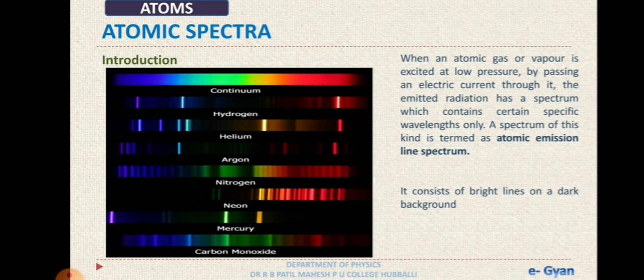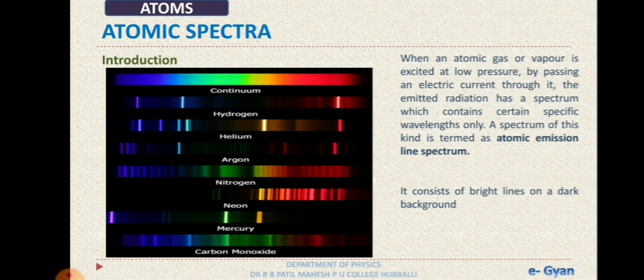So, here we have the atomic emission line spectrum of various elements. We have that of hydrogen, helium, argon, nitrogen, neon, mercury and carbon monoxide. What we have is a dark background and then characteristic lines.